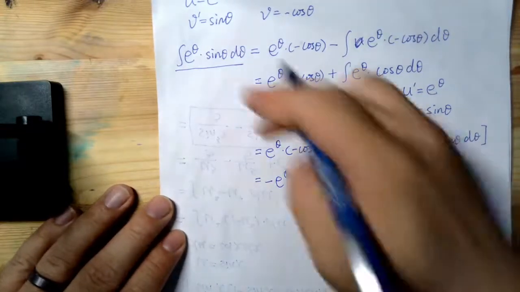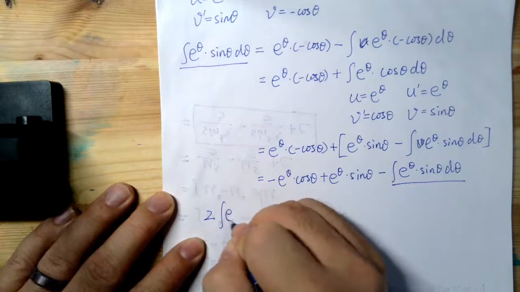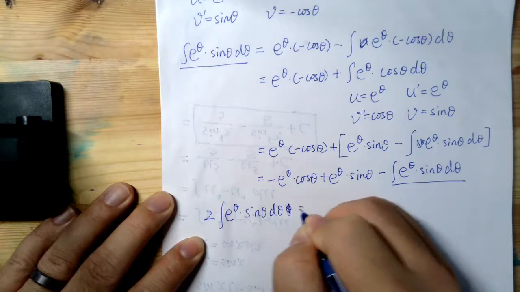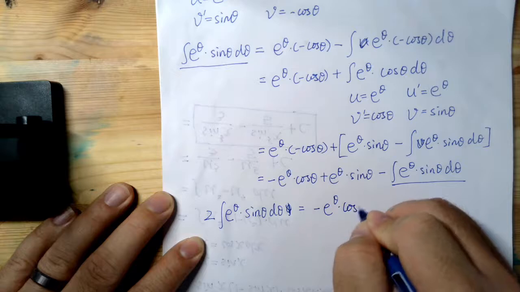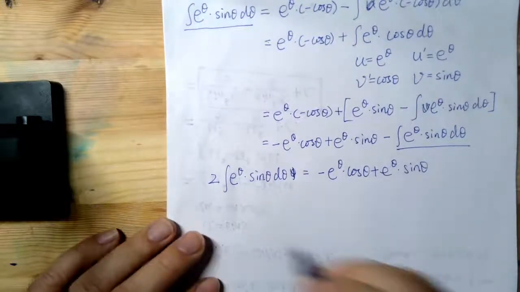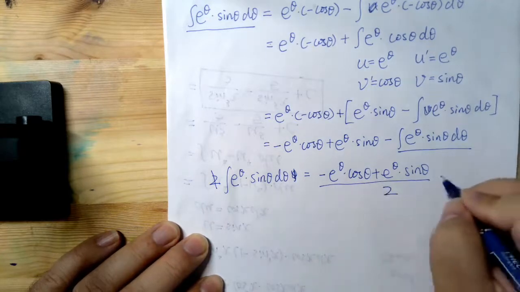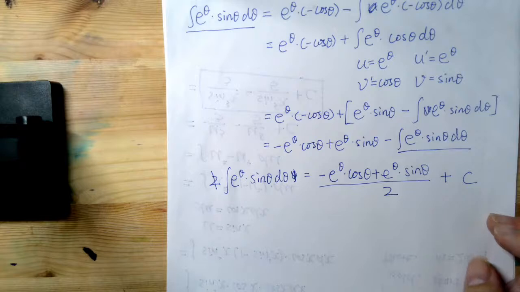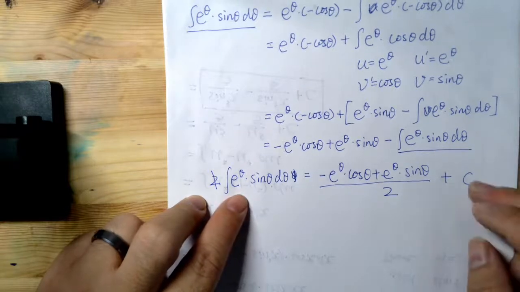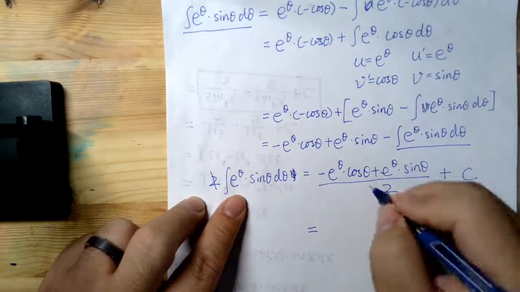If I add this integral to both sides, I have 2 times the integral of e^θ sin θ dθ equals negative e^θ cosine θ plus e^θ sin θ. Then you can divide this by 2, but there's one thing I would like to remind you: since this is an indefinite integral, your final answer needs to add an arbitrary constant C. And of course, some of you might notice that you can factor e^θ out.